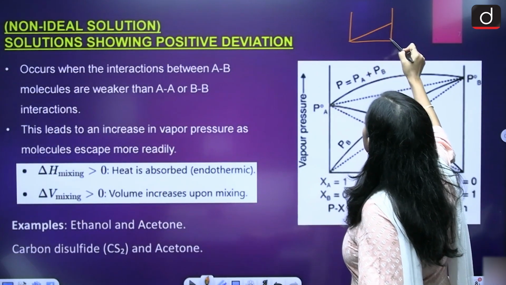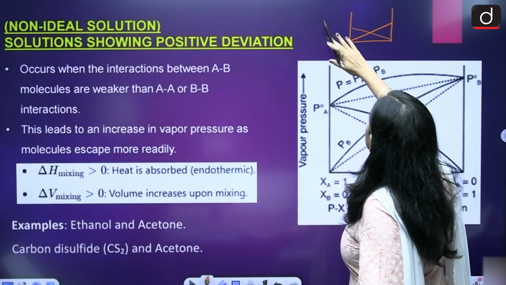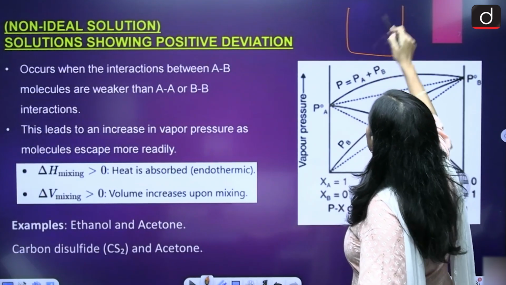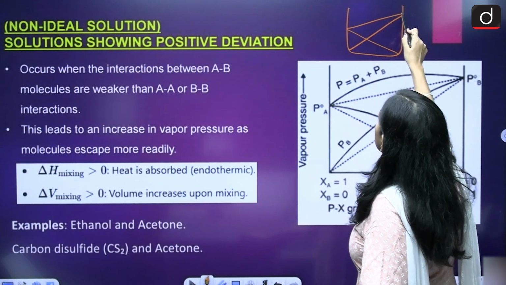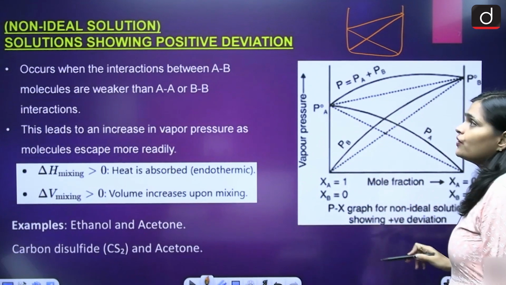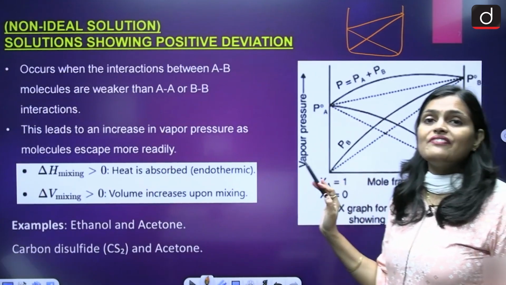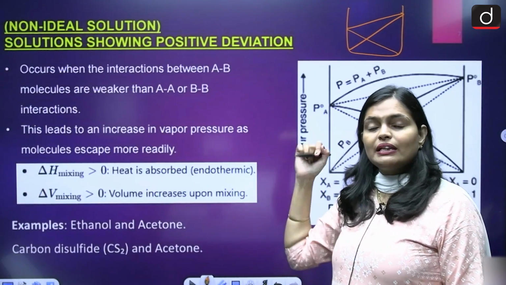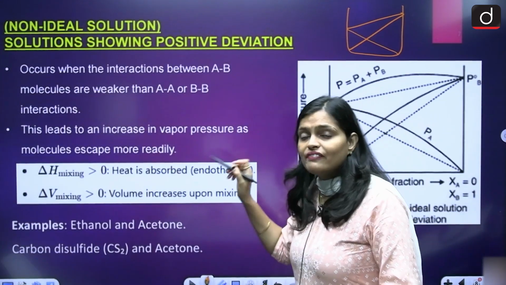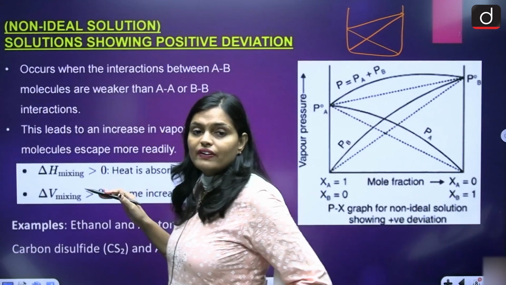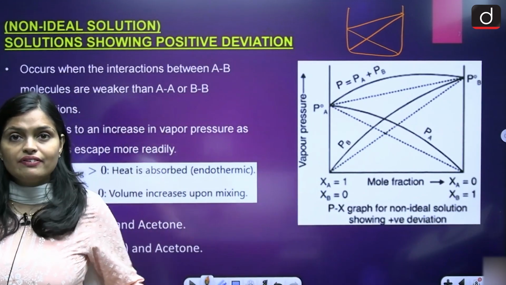This is the graph of Raoult's law, right? So if it is positively deviate, positive deviation मतलब positively deviate करेगा, right? So positive deviation कब देखने को मिलेगा? When we will get positive deviation?